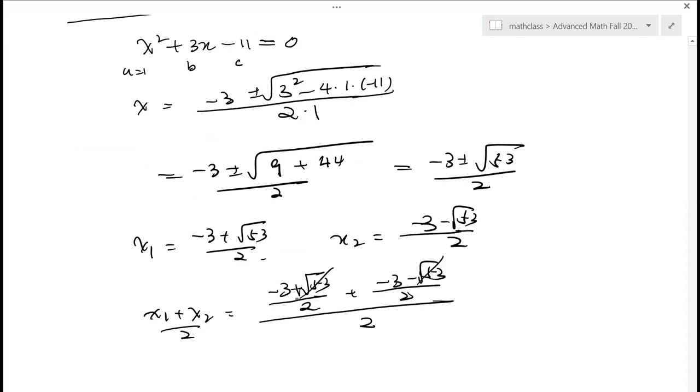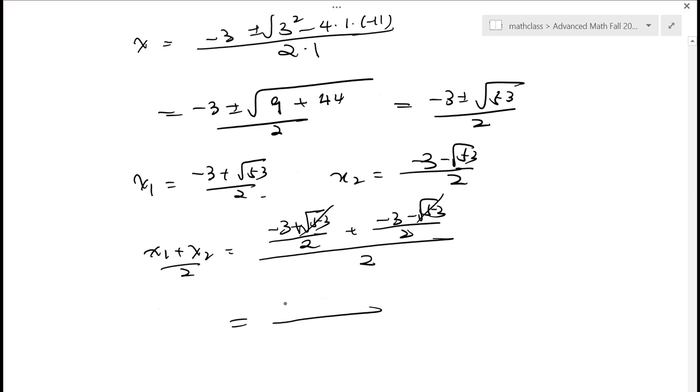What is left is -3 over 2 plus -3 over 2, but then divide by 2. So again, -3 over 2. Okay, so that's the end of that.